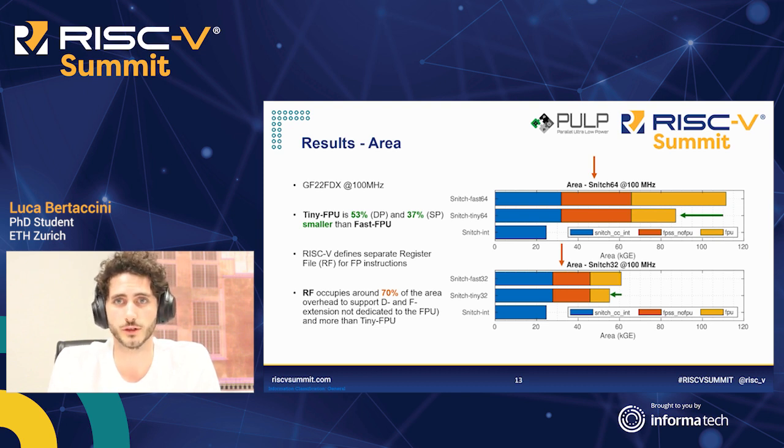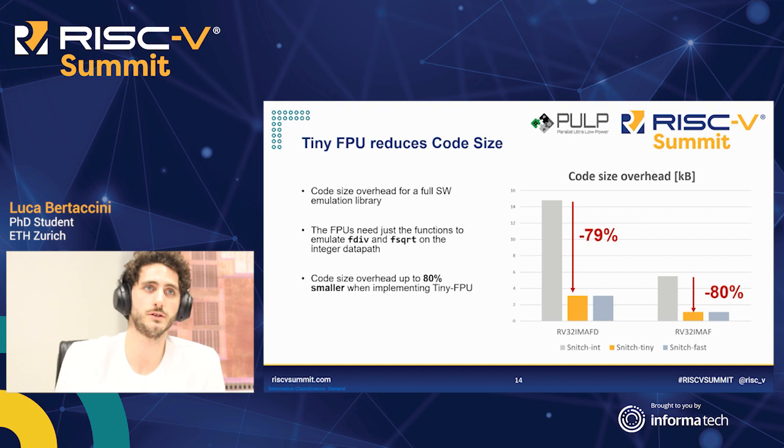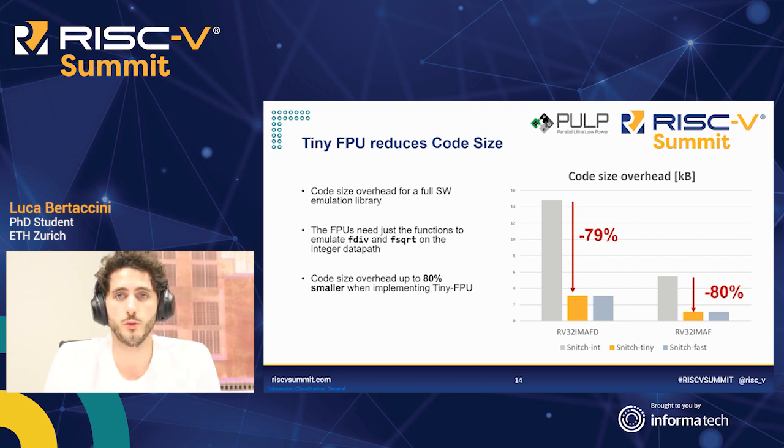The blue part is instead the integer Snitch core. Of course, if we do not introduce hardware support for FPU, then we get a smaller system, but we pay this price with code size, first of all. Indeed, software emulation functions can occupy up to 15 kilobytes in the case of support for single and double precision, and 5 kilobytes for single precision only support.